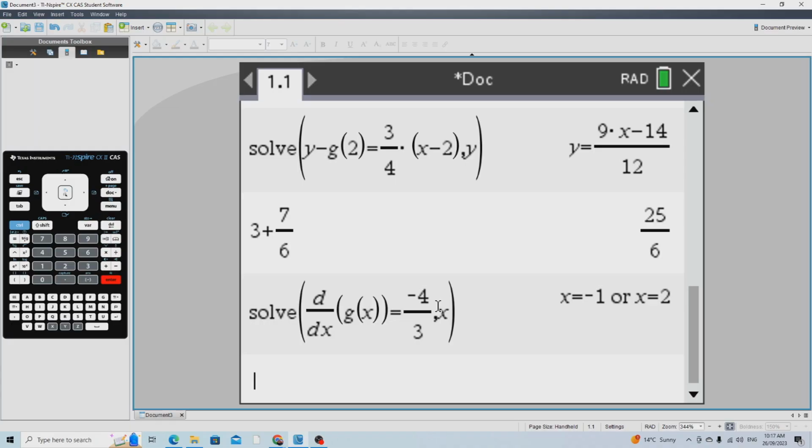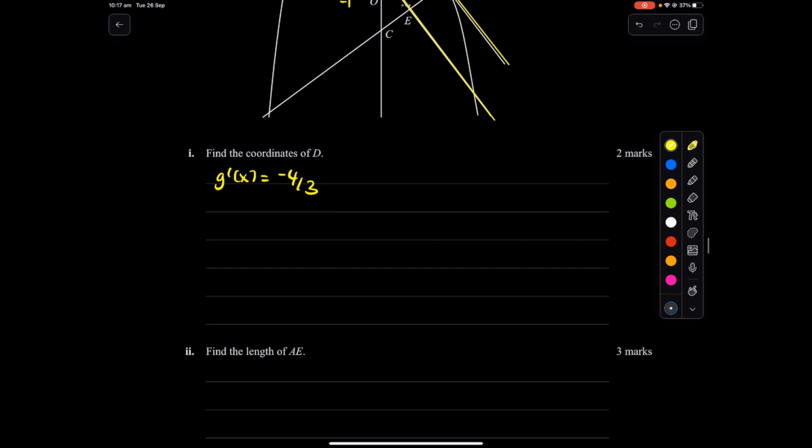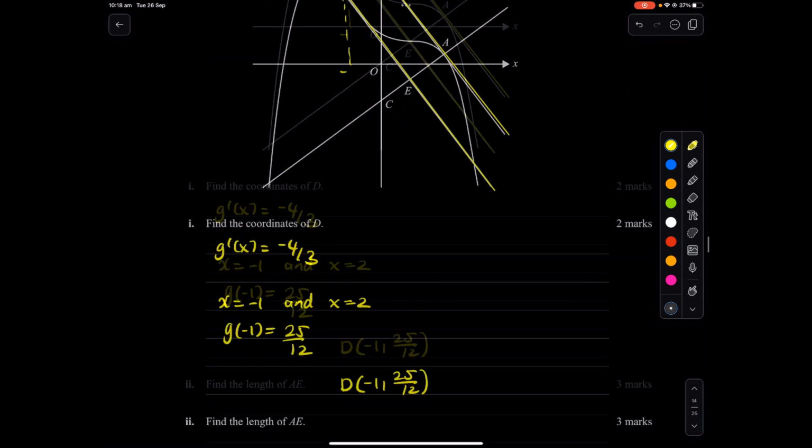So then what's g of negative 1? It's 25/12. So let's write some stuff down: x equals negative 1 and x equals 2. And what's then g of negative 1? It's 25/12. So D is just negative 1, 25/12. Done. Find the length of AE.